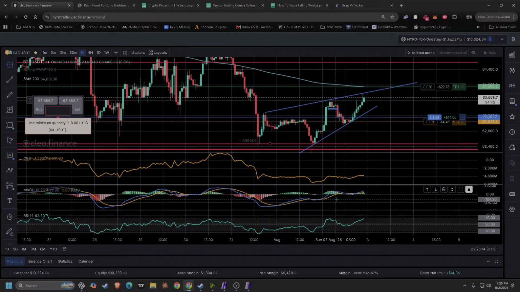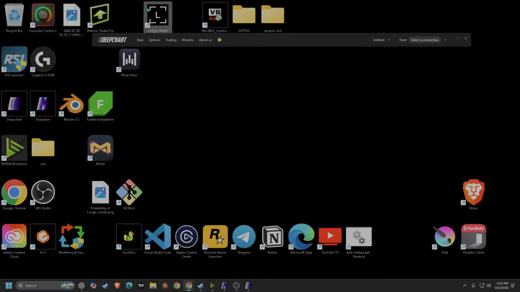Overbought, be the term. Anyways, we'll get out of here.